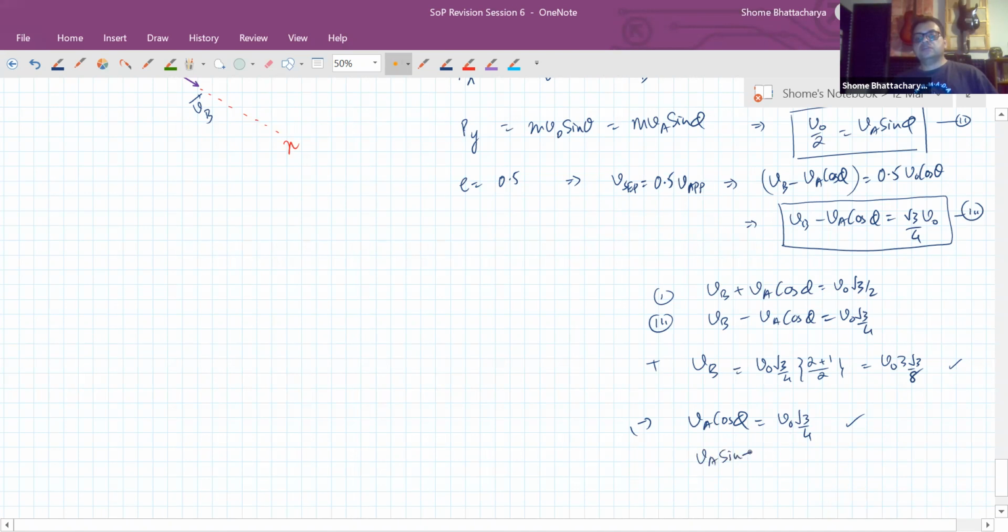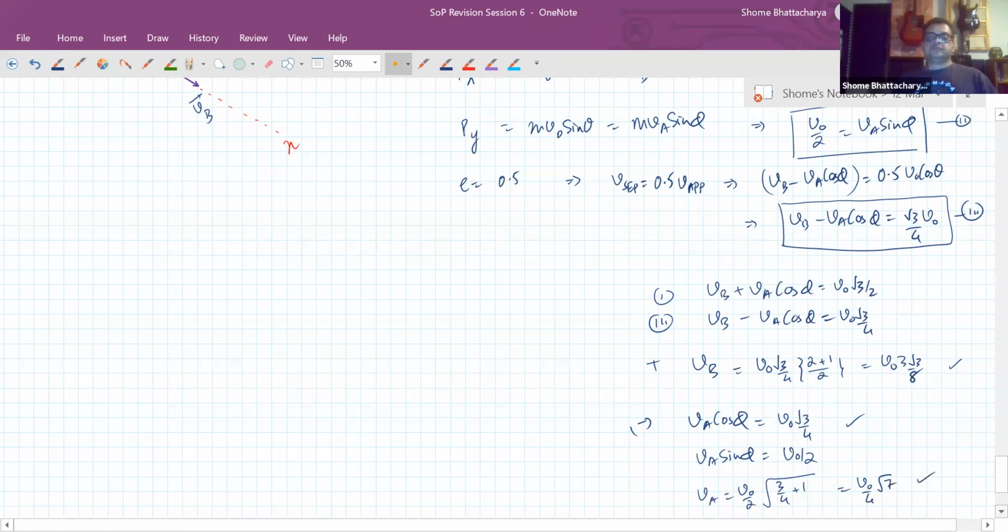VA sin phi is equal to V naught by 2. So we can see that VA will become this much.